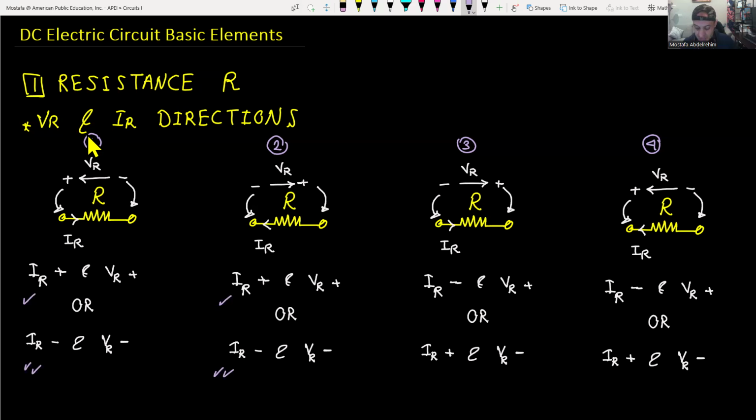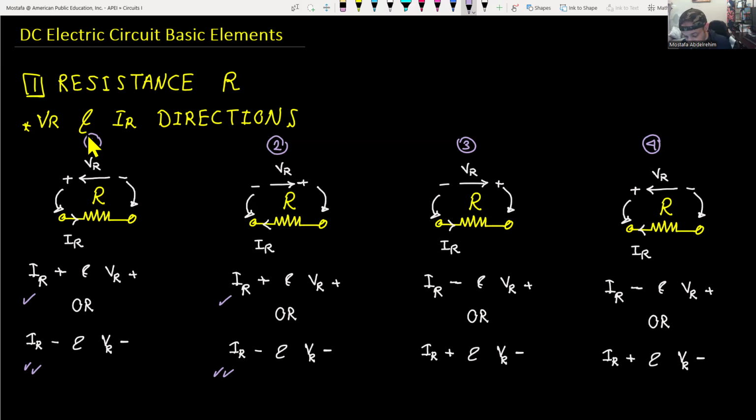Now combination 3 and 4. As you see here, I assumed both in the same direction. In combination 3, the current is going from left to right, and the direction of the voltage is also from left to right.